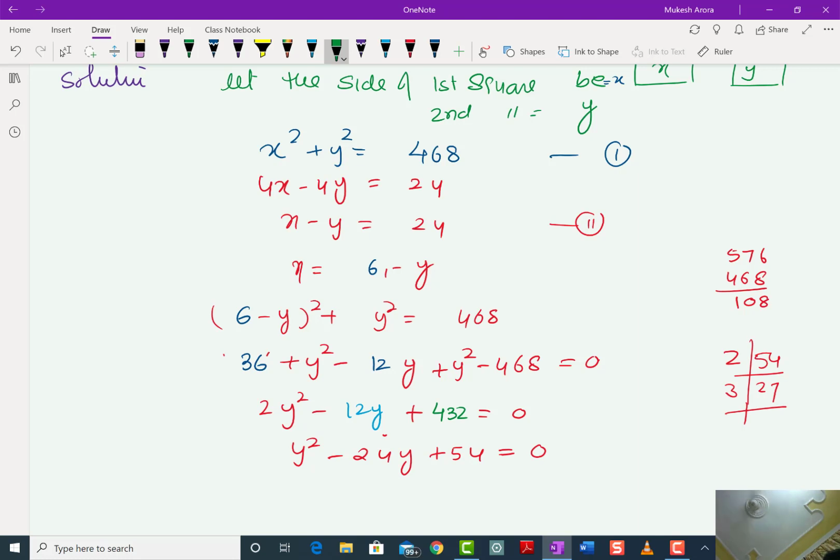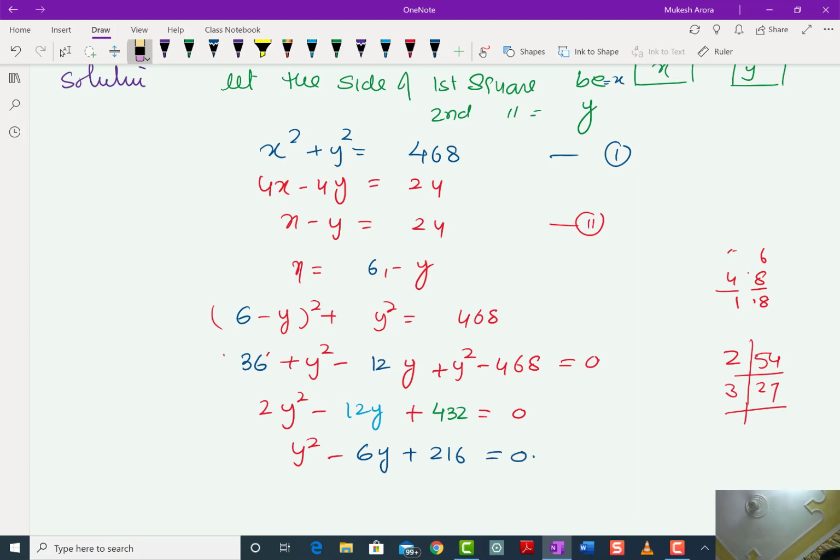Divided by 2, 6y plus 216 is equal to 0.